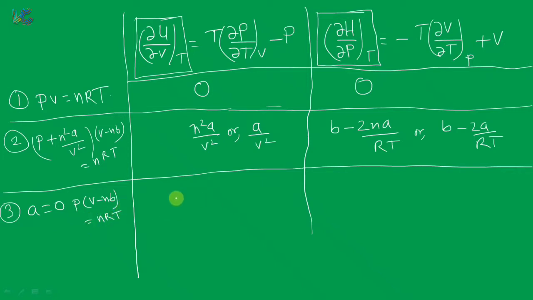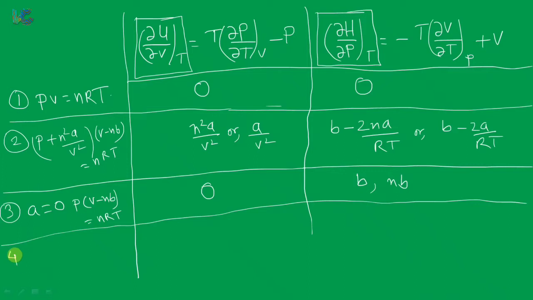For this gas equation, since A is equal to 0, when you put A equal to 0 here you will get 0, and here the A term will vanish, so you will get only B. For n moles you will get nB, and for 1 mole you will get B.